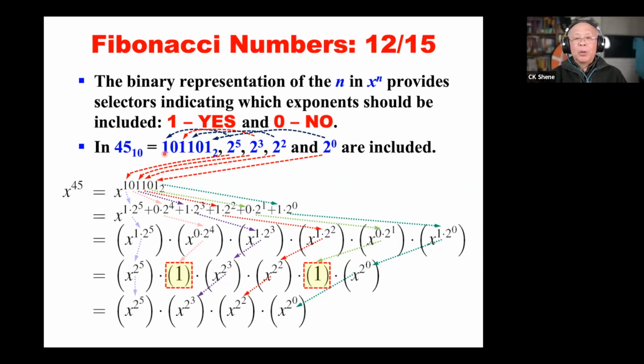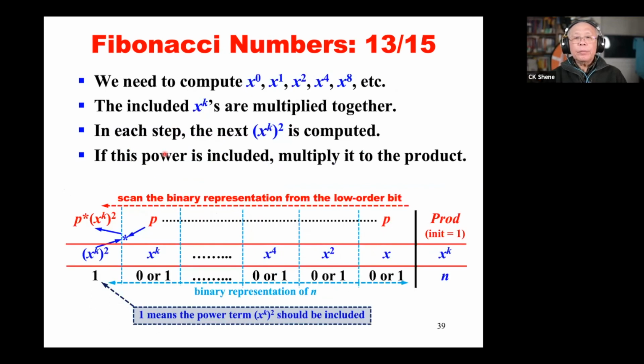So after knowing this, we can do the power computation in an extremely efficient way. So we need to compute x raised to the 0th power, first power, the second power, the 4th power, 8th power. Why? This is the 0th bit, we have x. For the second bit is x squared, the third bit is x raised to the 4th power, and so on.